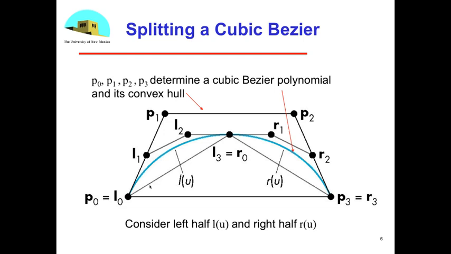Notice what happens. Here's the convex hull applied again, and this convex hull has to be inside of the original convex hull, so it's a closer approximation to the curve. In the end, I'm going to eventually use line segments, and L0, L1, L2, L3 is a much better approximation to the left curve, and R0, R1, R2, R3 is a good approximation to the right curve.